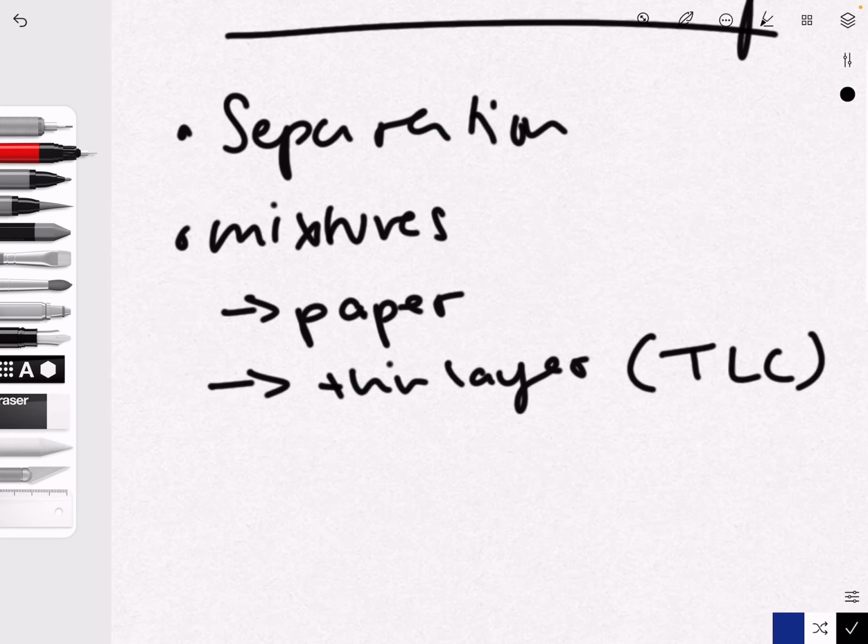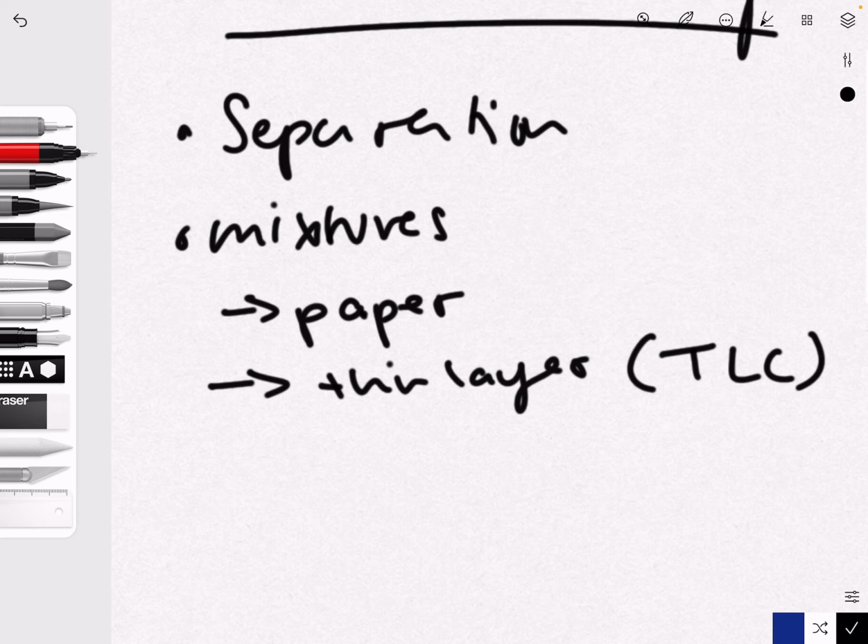How chromatography works is that it makes use of the principle that components in a mixture, when they are dissolved in a fluid or mobile phase, will flow through another material, a stationary phase or a solid, at varying rates due to different intermolecular forces between the different components.